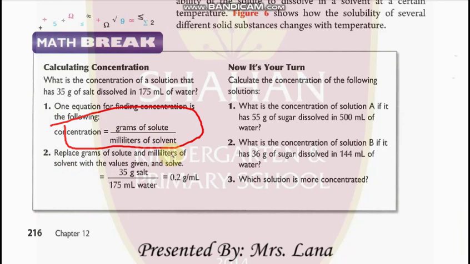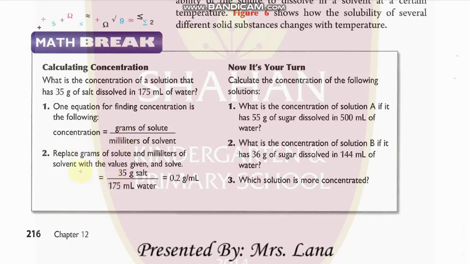Replace grams of solute and milliliters of solvent: 35 grams of salt per 175 ml of water equals 0.2 gram per milliliter. And please solve these three for me.